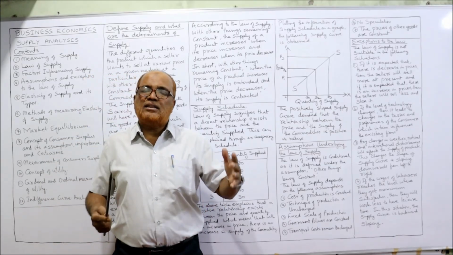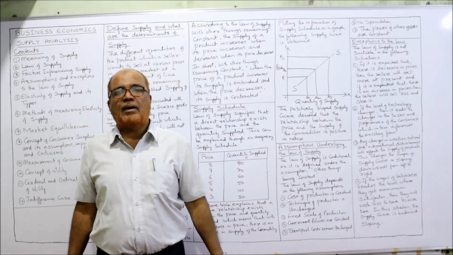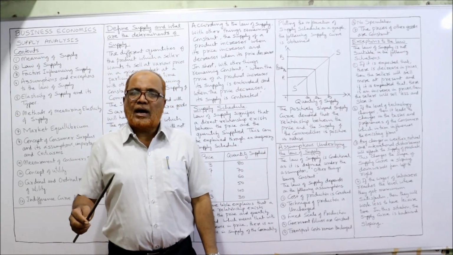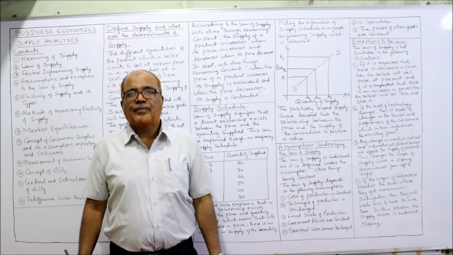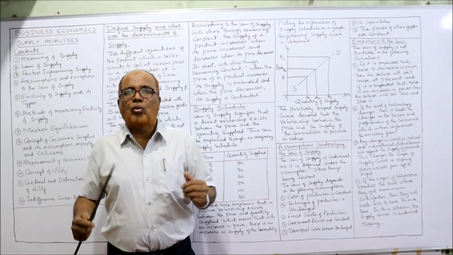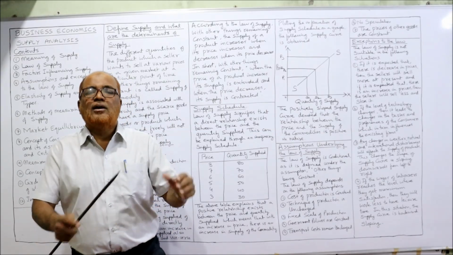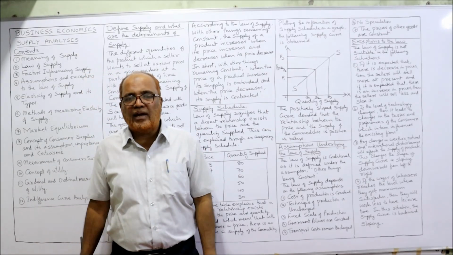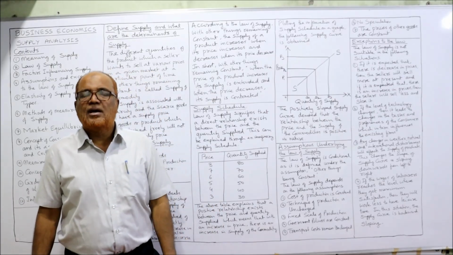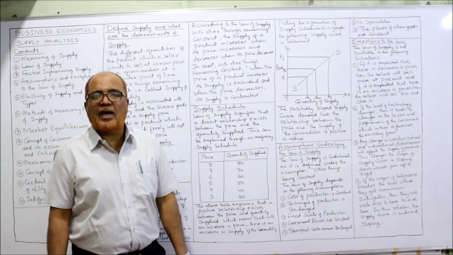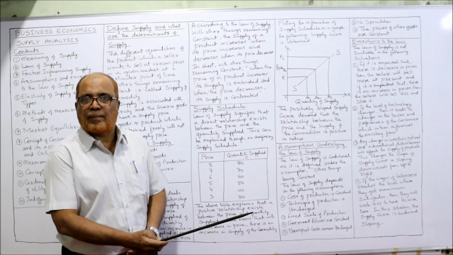Just like we have seen in the last video, exceptions to the law of demand, like speculative goods and some inferior goods where the law of demand will fail. Similarly, the law of supply will also fail under certain circumstances, and those are called exceptions to the law of supply.